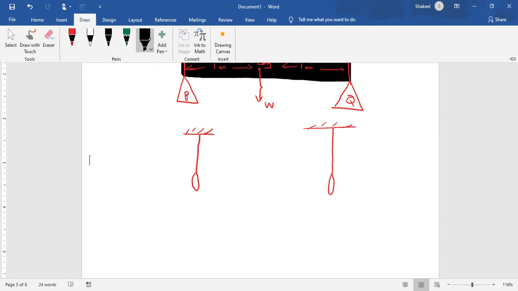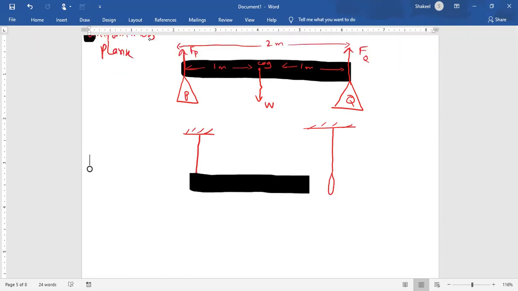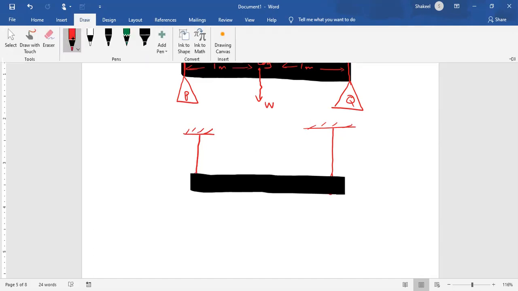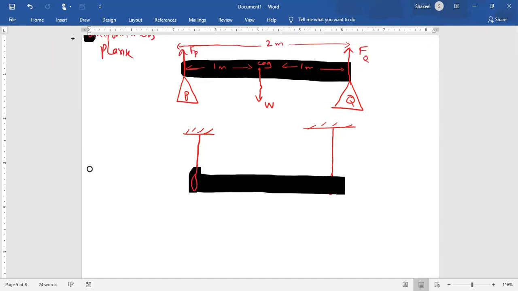Okay, to draw them again, let's say these are the two ropes. Okay, so in this rope, let's say its weight is acting from center of gravity in downward direction. So T1 is acting upward and T2 is acting upward because the weight is downward that is pulling the rope. So that's why T1 and T2 are in upward direction. That's the thing I told you over there.